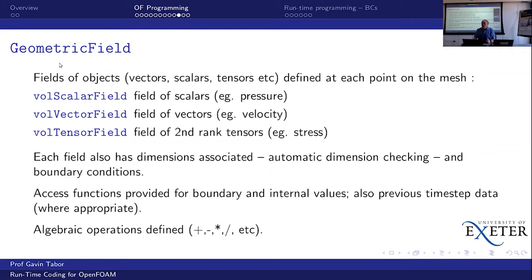Geometric field provides things like automated dimension checking. It also provides access functions for boundary and internal values, and provides us with the basic algebraic operations as appropriate. So vol vector field has the possibility of taking a dot product. That's obviously not relevant for vol scalar field, so it's not available.